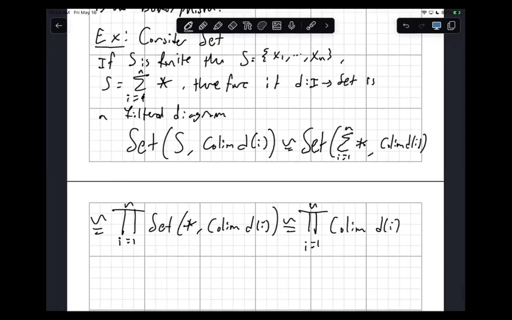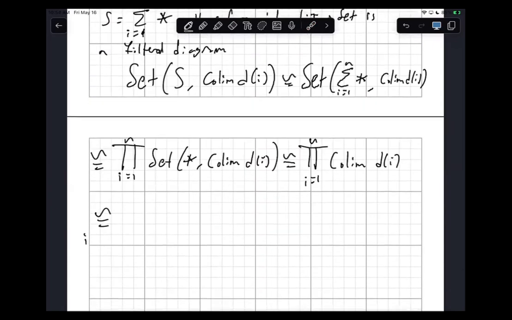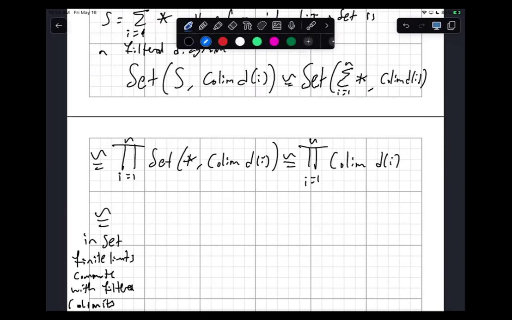And now there's a fundamental fact that in Set, finite limits commute with filtered colimits. This fact is super fundamental. I use it like 100 times in my notes.